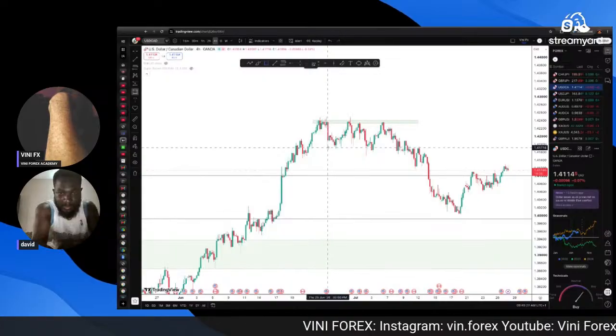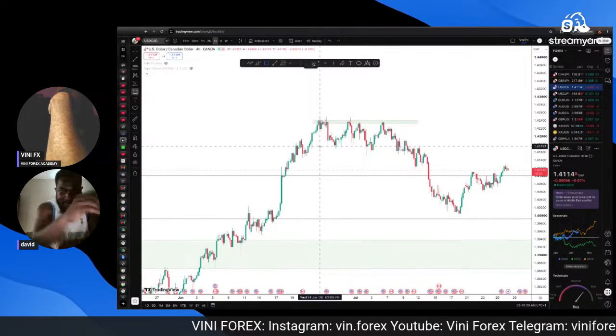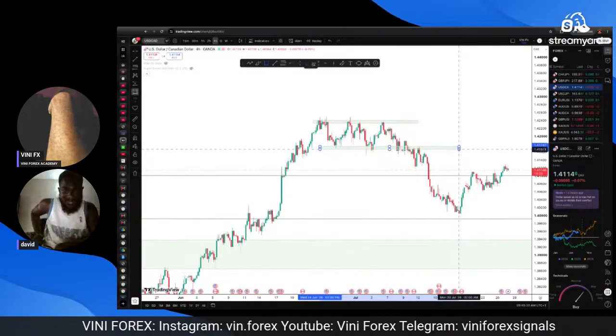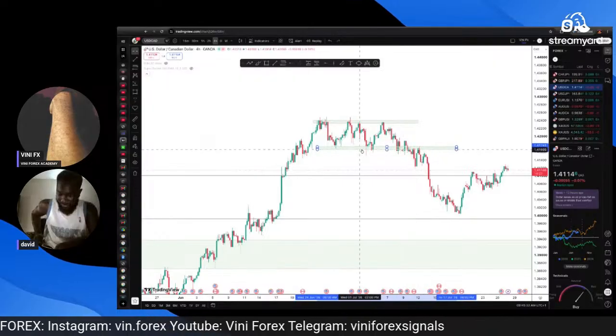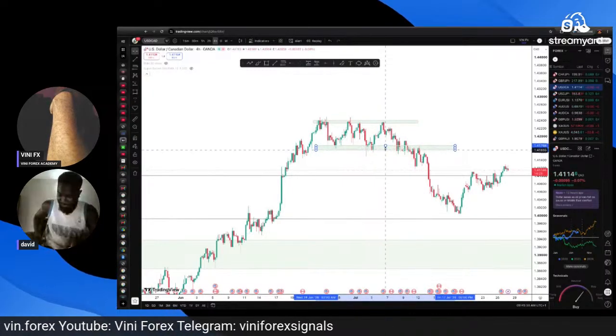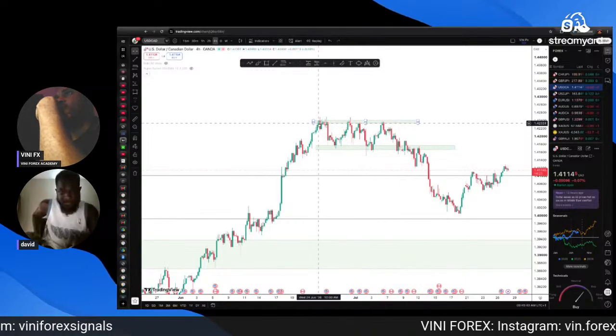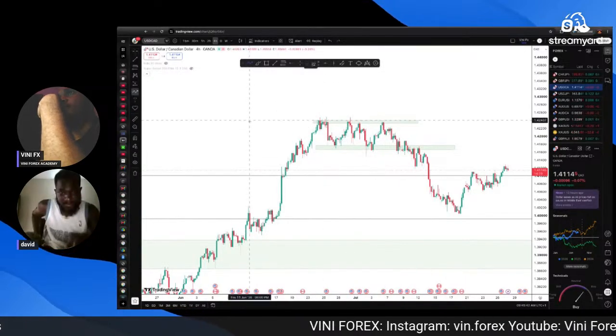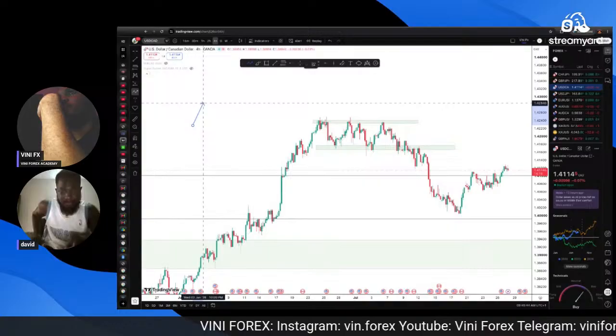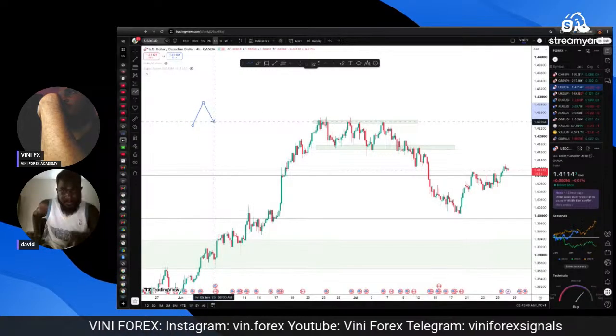And this is the neckline of this one. So we have a triple top here. It's a triple top now, not one, not two. It happens something like this.